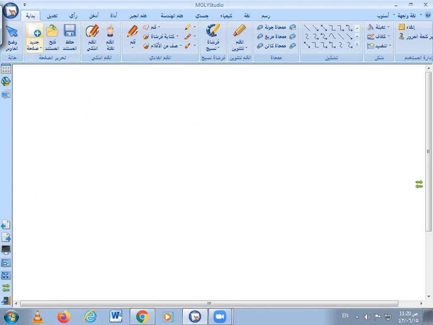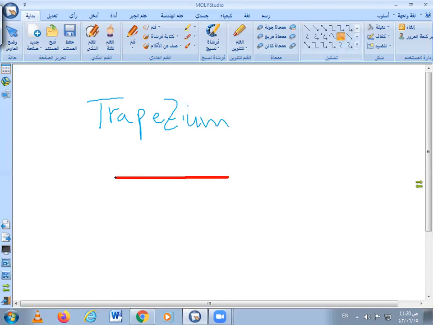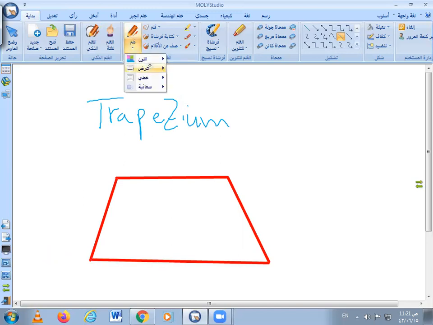First of all, the trapezium. We need only its definition. If we have a shape like this, A, B, C, D, it is called a trapezium.